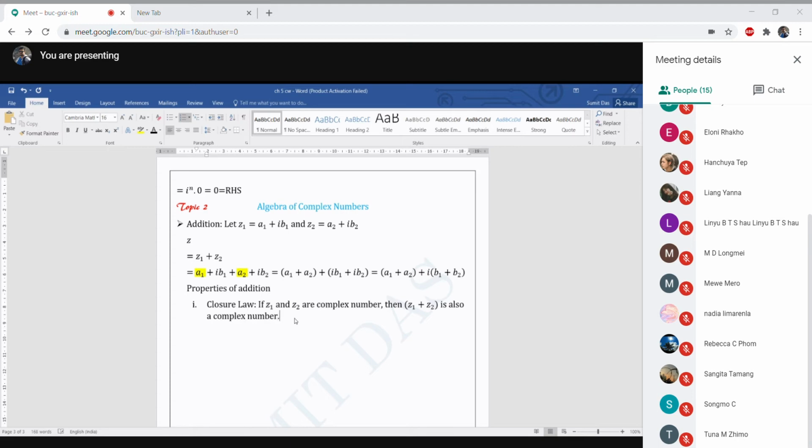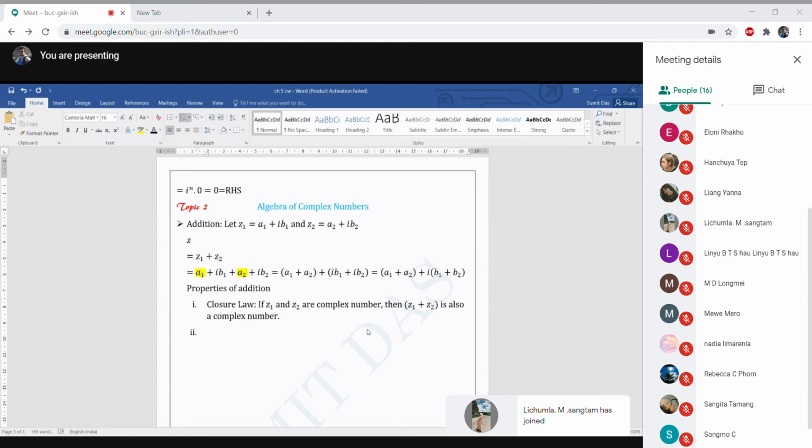You can see this one from here. Look, here z1 was a complex number and z2 was also complex number, and look, z1 plus z2, what we got, a1 plus a2 plus i into b1 plus b2, okay. So if z1 and z2 are complex number, then z1 plus z2 will also be a complex number.